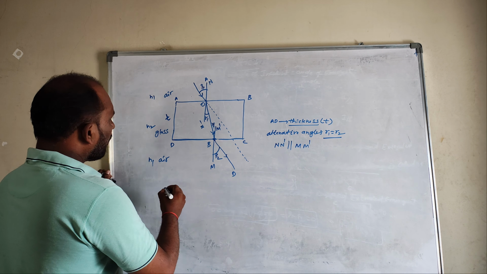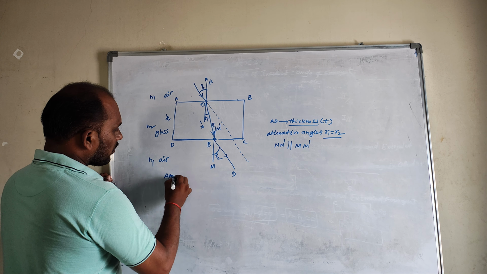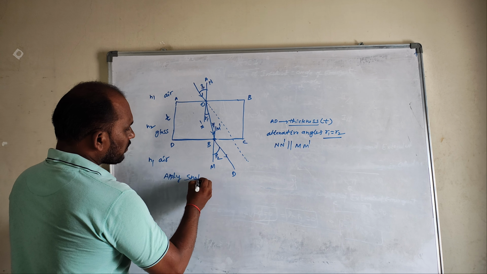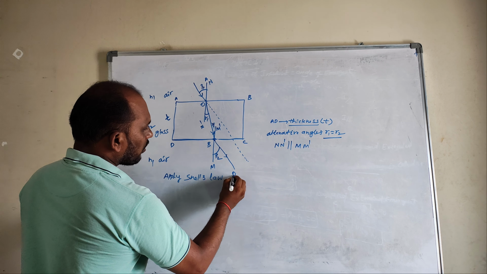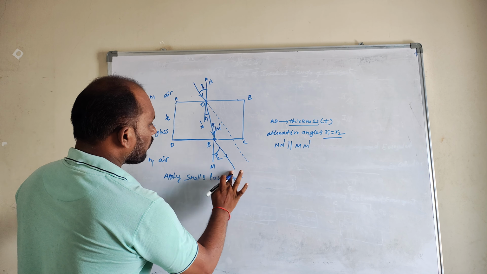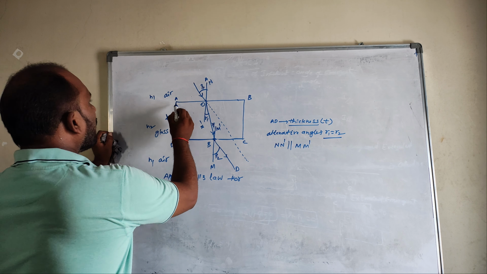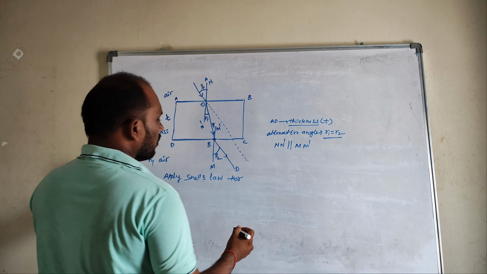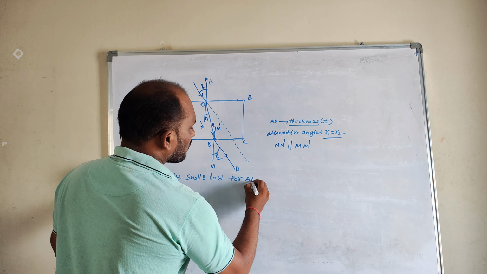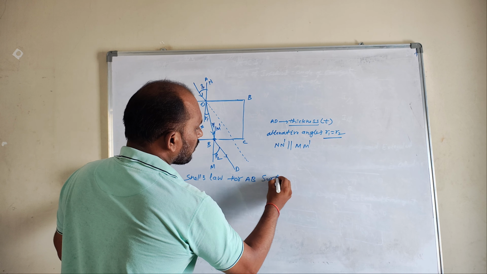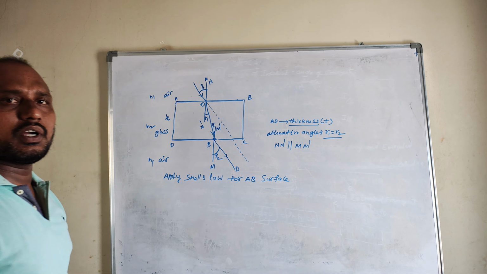Now apply Snell's law for the interface AB. Now I am applying Snell's law for this one, guys. Apply Snell's law for the AB refracting surface. So what do you get?